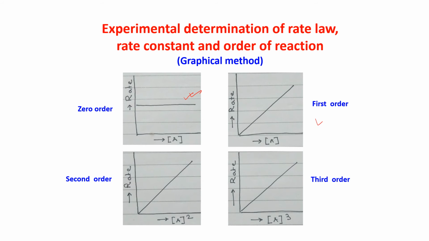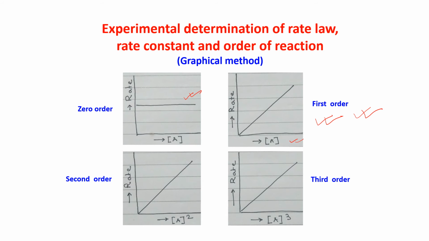Now for first order reaction, I also showed you that if you plot a graph of the rate of a reaction and the concentration of A and you are getting a straight line, that means it is a first order reaction. Actually what is happening, children, because of the experiment, you are getting different values of A. Now you plot a graph with the rate of the reaction and the value of A. This one, the first order reaction.